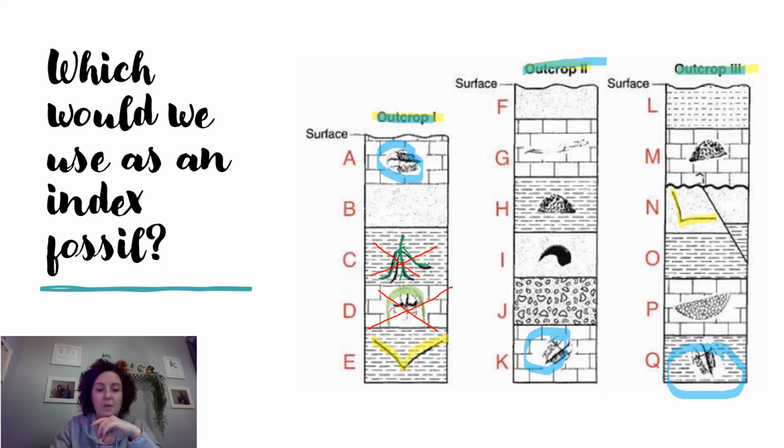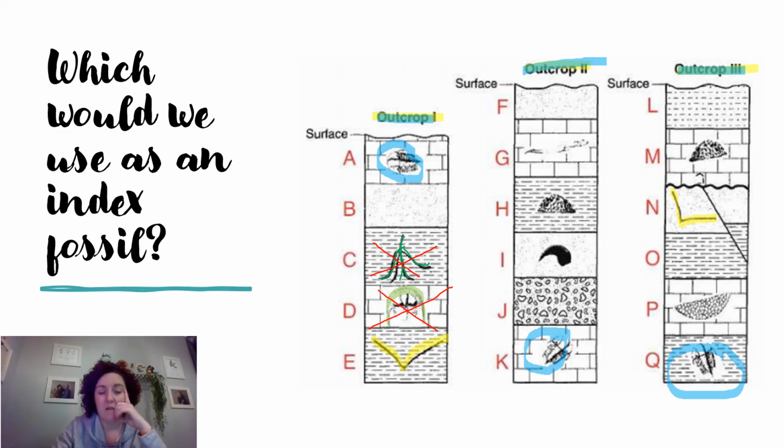It is easily recognizable. I can see that it is a trilobite, meaning that I can easily see it and identify it. And it's well preserved. Obviously, in a picture you're not going to be able to tell, but we can assume that it was well preserved because it's there.